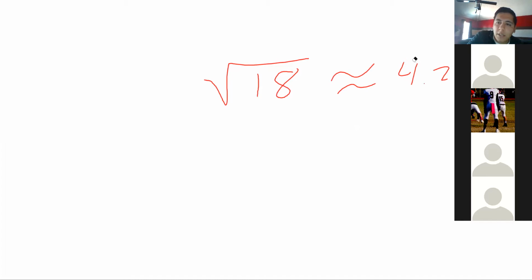In geometry, and we did this a little bit last year in Algebra 1, we are going to simplify the square root. The way we're going to do this is find two factors. Just one of them has to be a perfect square. So what two factors of 18 can we have where one of them is a perfect square?